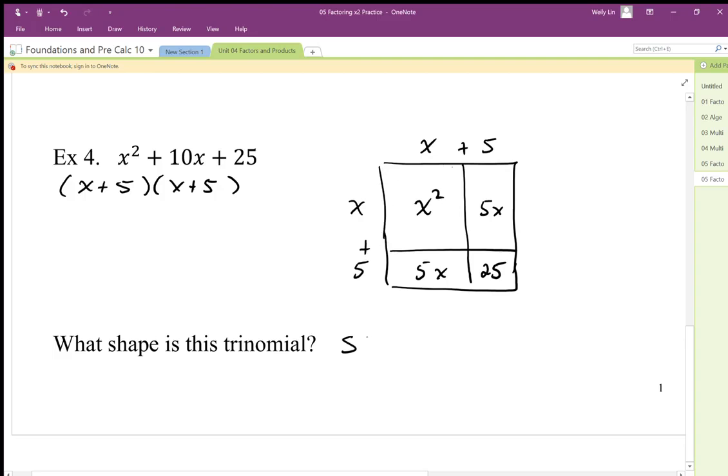Well, it's clearly a square. And if it's a square, we can write it in the squared form. Okay, so square indicates that we're dealing with a square shape. Yeah, we definitely have a square shape here. So we can use a square. We can keep it as multiplication, but there are times where it's more convenient to write it in the squared form.